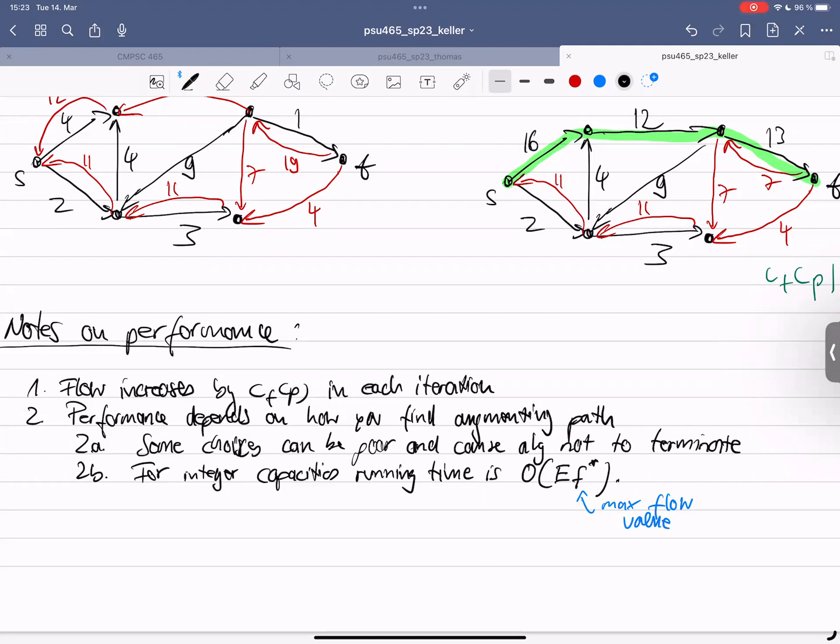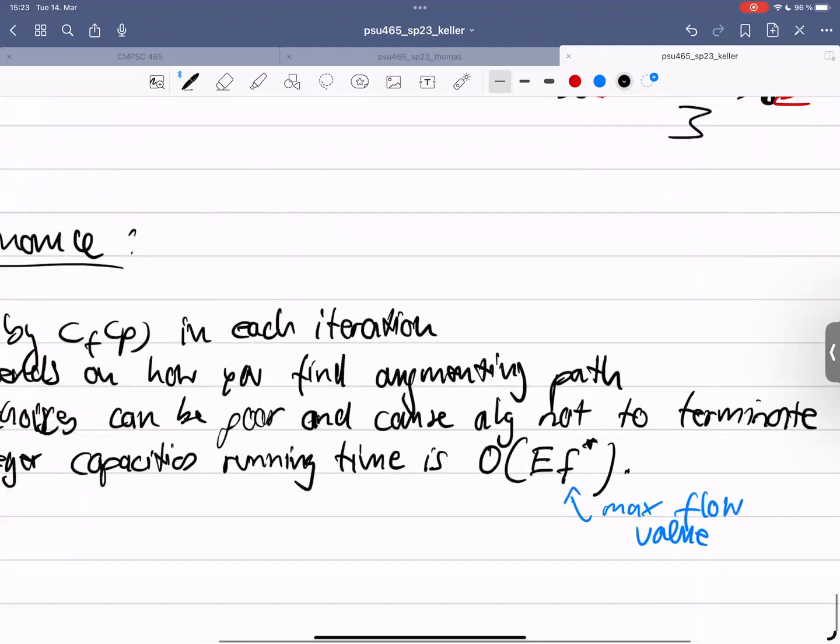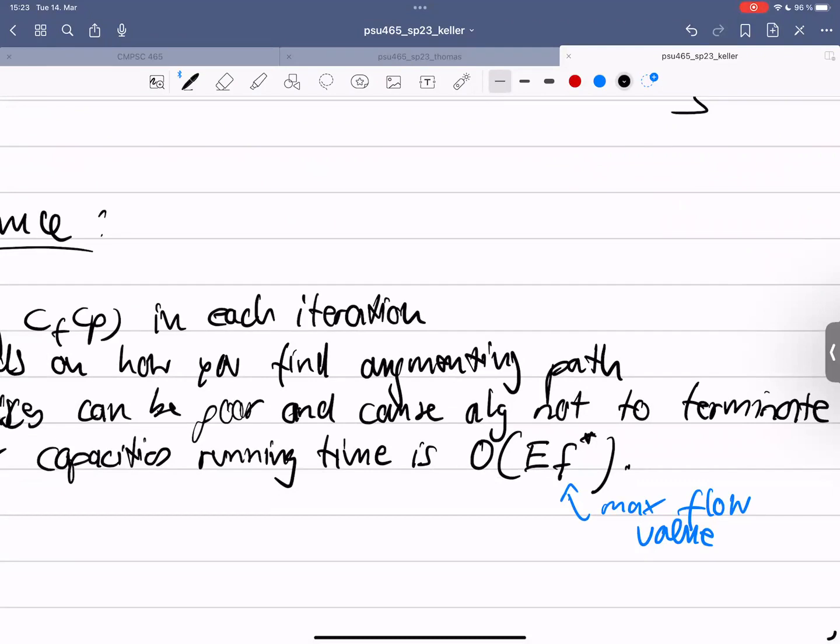In our case, since we have a graph in which every node lies on an S-T path, and in particular, every node has at least one incoming edge, we know that the number of edges is at least the number of nodes minus one. And therefore, the order of m plus n is the same as the order of just simply m. So I think this might be confusing. I'm using m plus n here for number of edges and number of nodes instead of e.